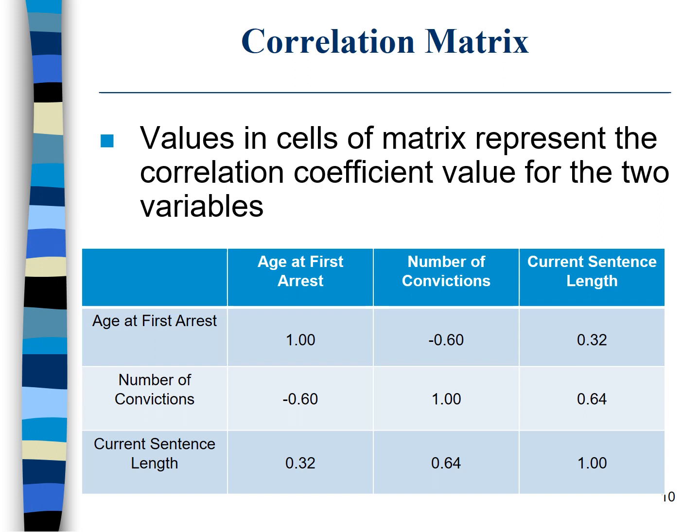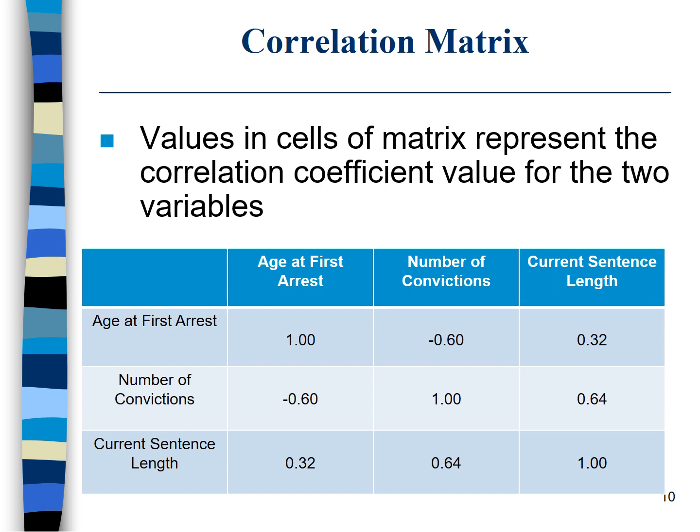I need to go down to pick one of the 3 cells below it that corresponds with age at first arrest. And sure enough, it is the second row down. I go over and match that under number of convictions, and I see an R value of negative 0.60.